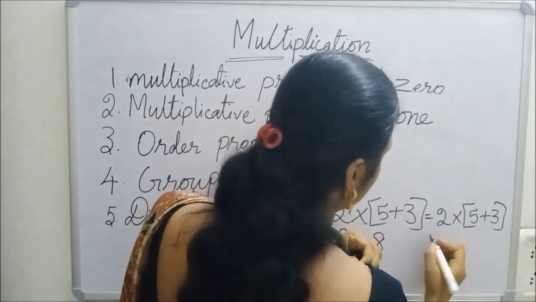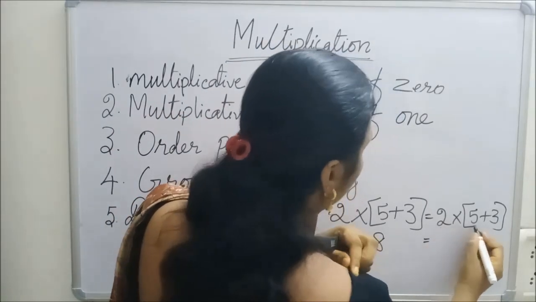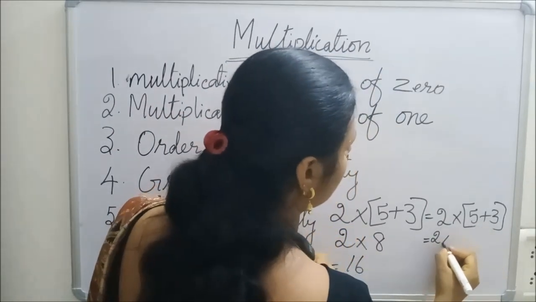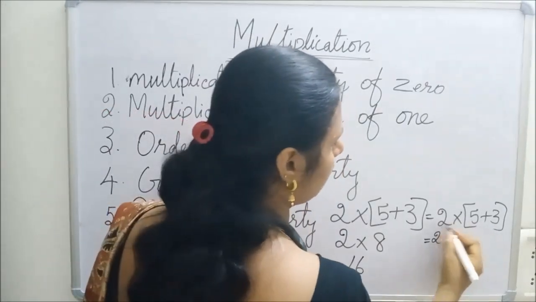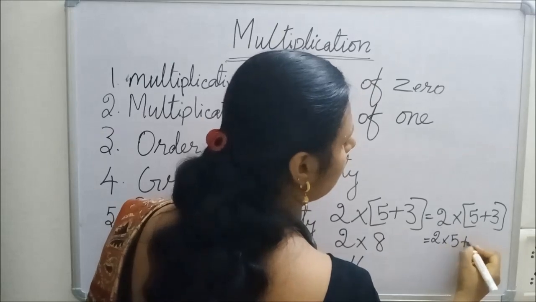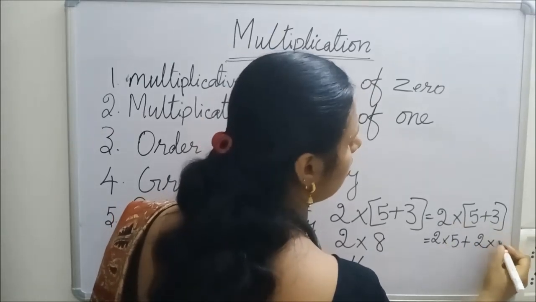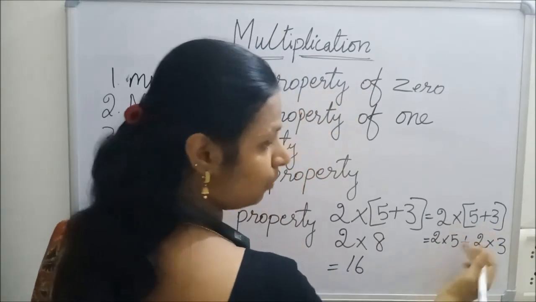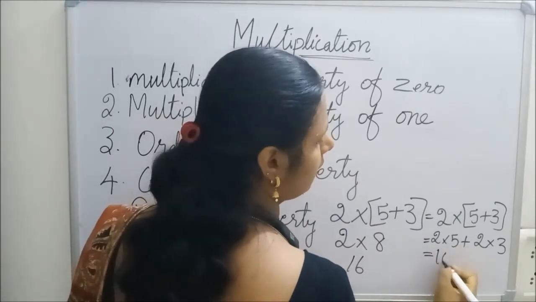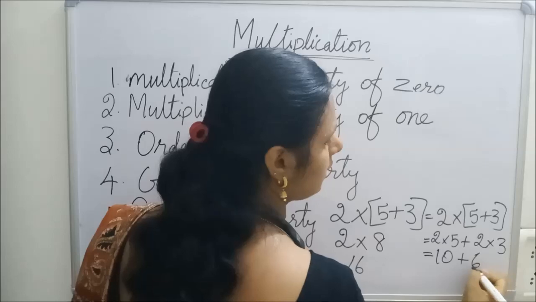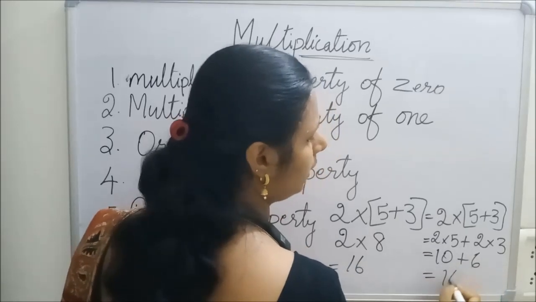Otherwise I can do in this way. 2 5s are, I can distribute the number. 2 5s are, then 2 3s are. This addition I have distributed in 2 places. Then 2 5s are 10, plus 2 3s are 6, then I am adding the numbers, then 16.